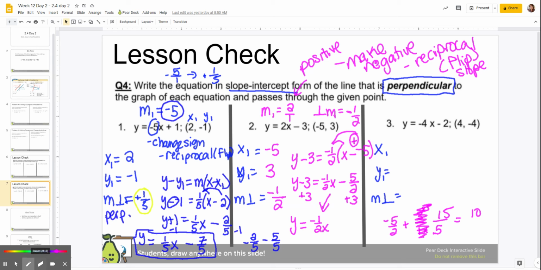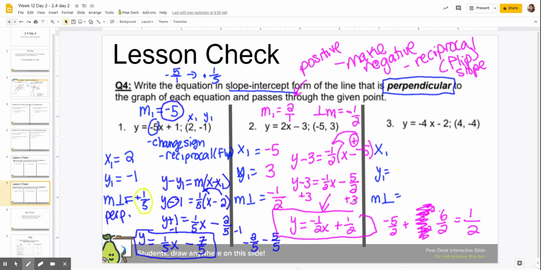It needs to be over 2. So I'm going to change 3 over 1 to over 2. Since to change 1 to 2, I multiplied it by 2, multiply 3 by 2, I get positive 6. So now I can throw that one out. 6 and negative 5 is positive 1, and the denominator stays the same. So it's going to be negative 1/2 x plus 1/2 for my intercept. And that is my perpendicular equation.